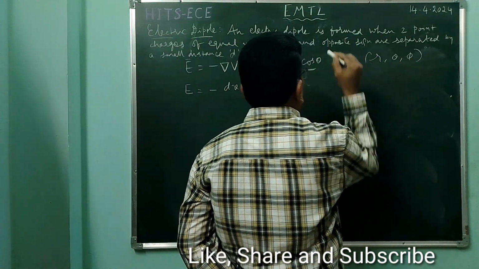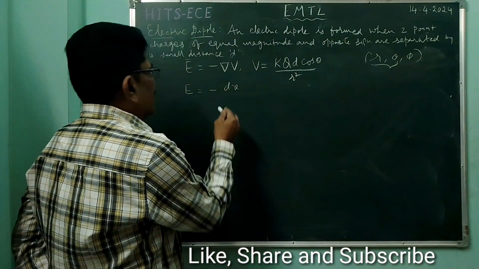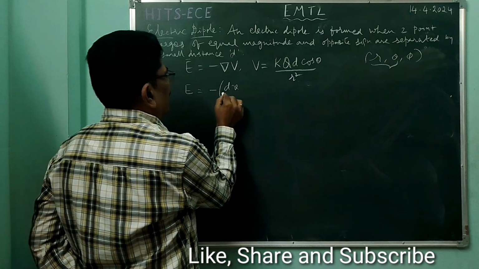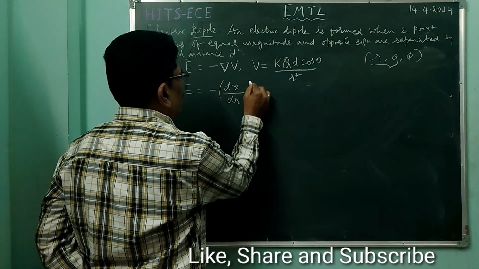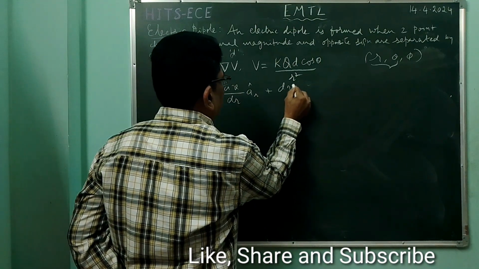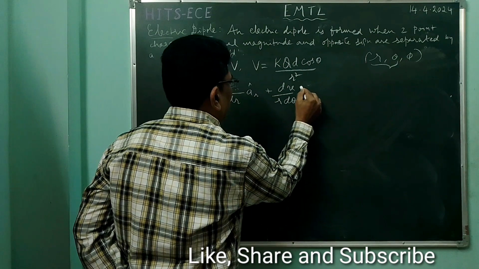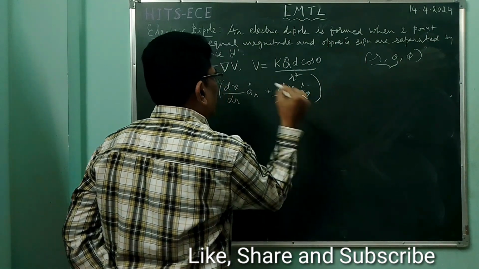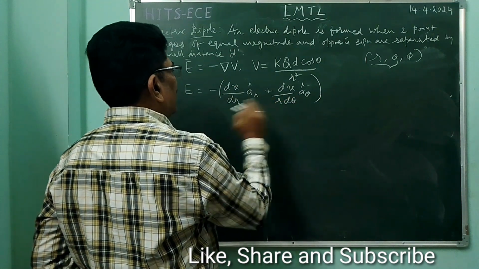Phi is not there in this expression, so we will consider only these two. So minus dV by dr into ar cap plus dV by r into d theta into a theta cap. Let us find out the first term and second term and then add these two terms.